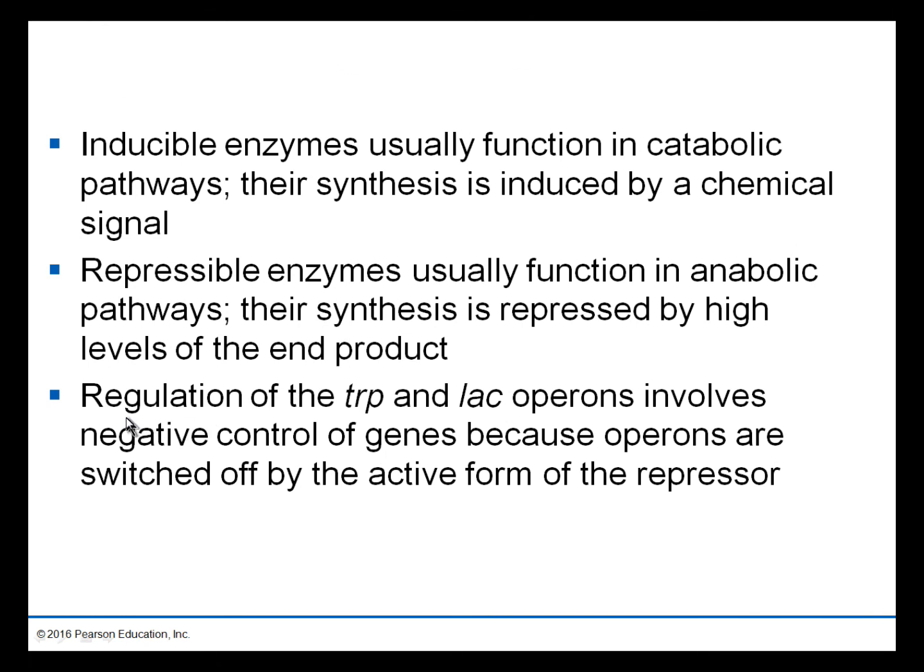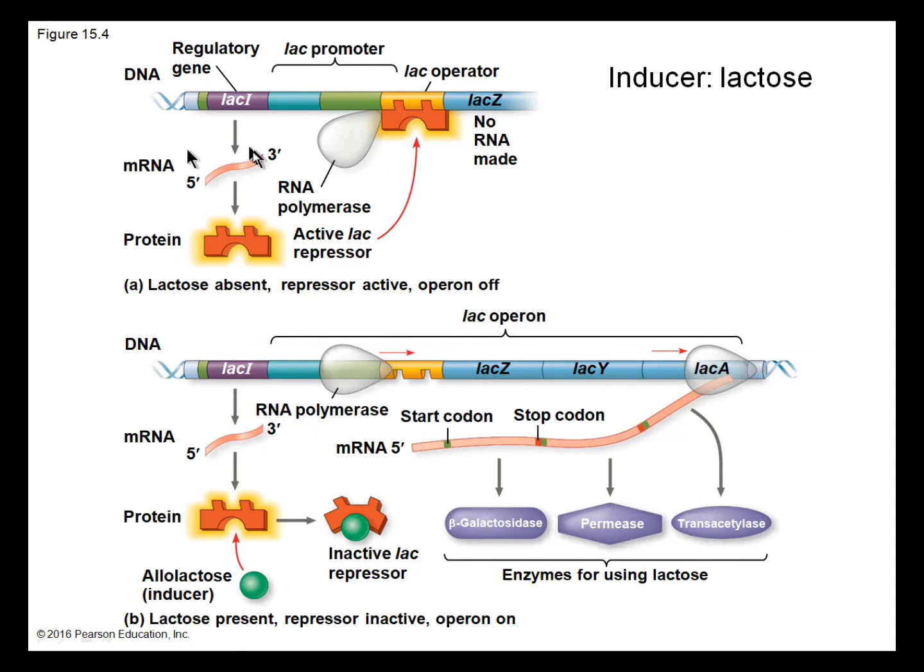In both cases, the tryptophan and lac operons, in catabolic and anabolic pathways, the active form of the repressor binds to the operator and switches off many genes' expression at the same time.